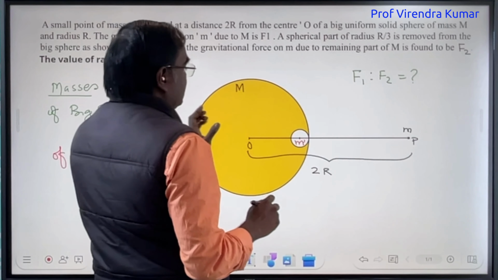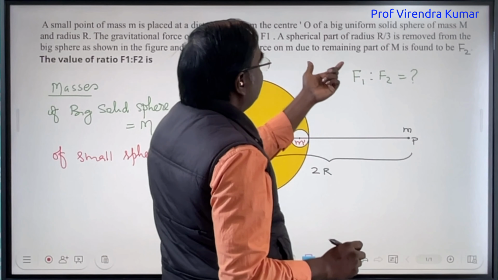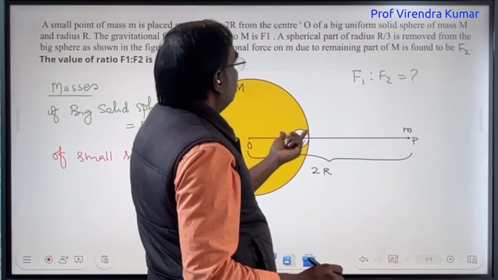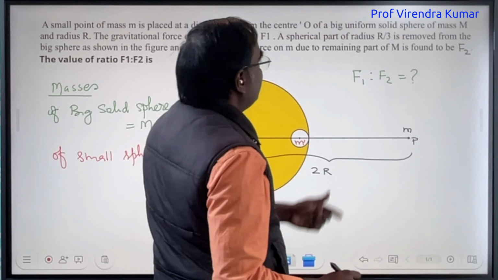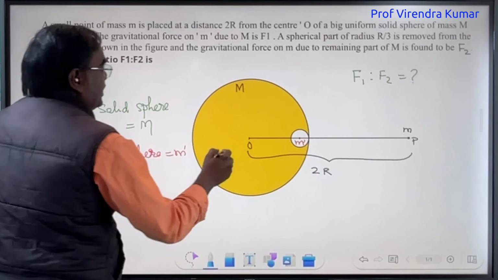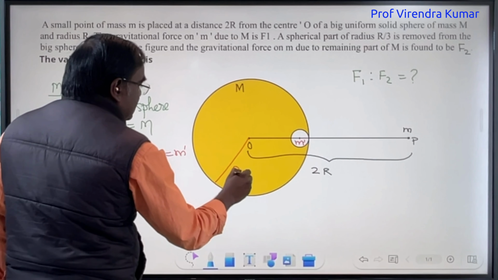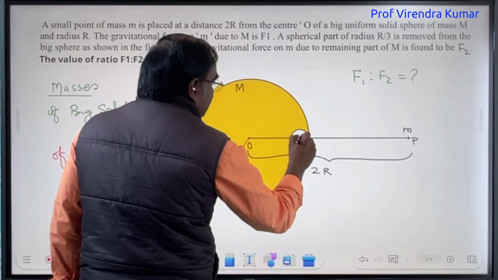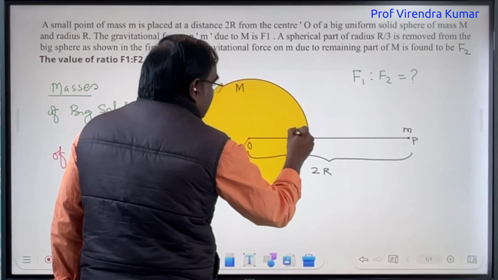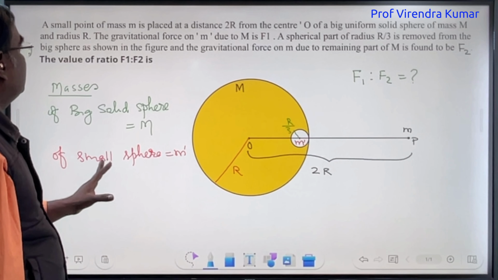And the radius of this small carved out sphere is R upon 3. So the radius of the big sphere is capital R and the radius of the small sphere is R upon 3. So these are the given things, right?